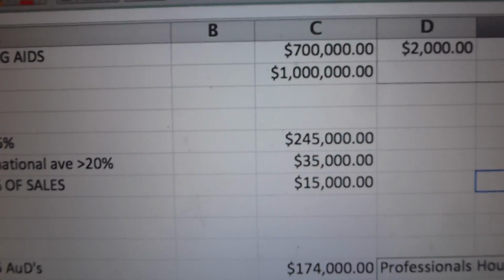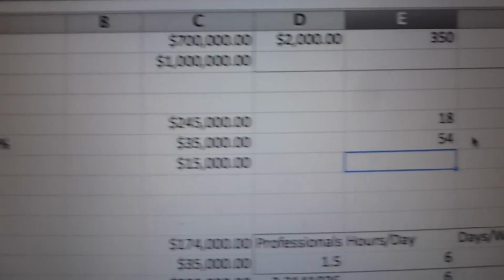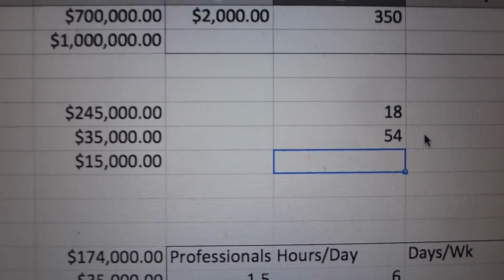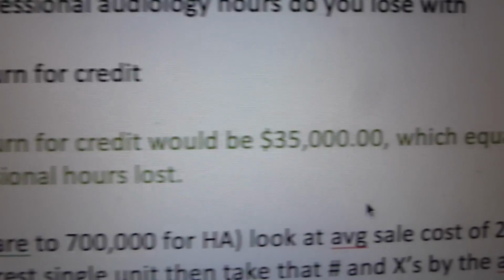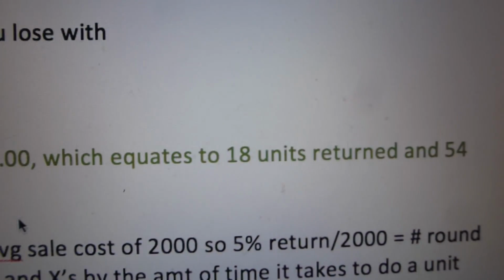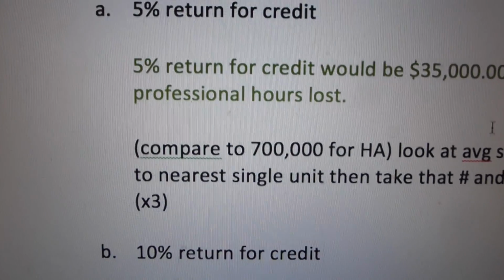So for a 5% loss, we're going to lose $35,000, or 18 hearing aids returned, and we're going to lose 54 man hours. So that's 5% return for credit, $35,000, which equates to 18 units returned for 54 professional hours.